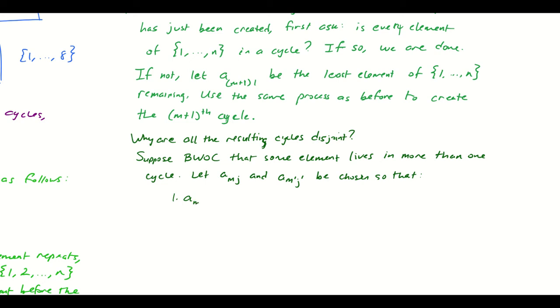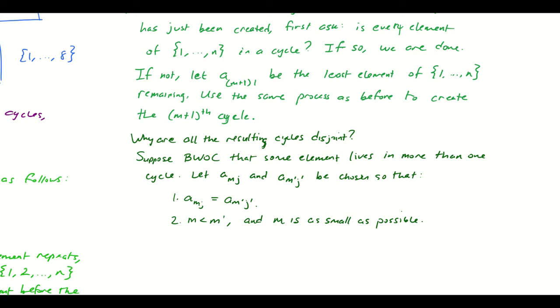So number one, A sub mj equals A sub m prime, j prime. In other words, I want to capture the idea that there is some repeat between two different cycles. Number two, m is less than m prime. So in other words, these really do come from two different cycles. And m is chosen to be as small as possible, subject to prior conditions.